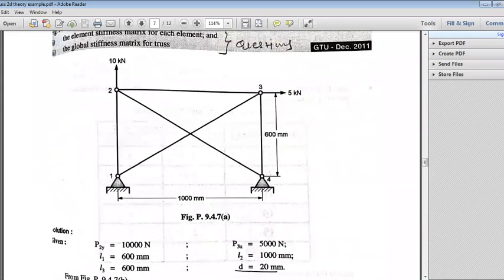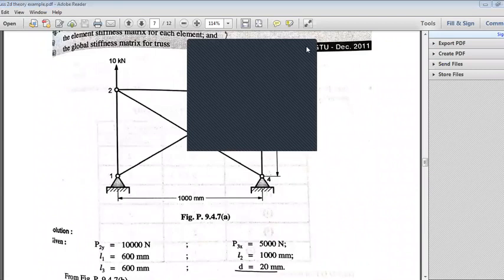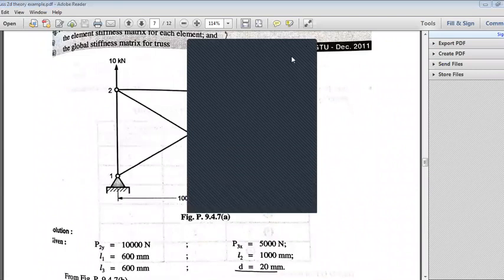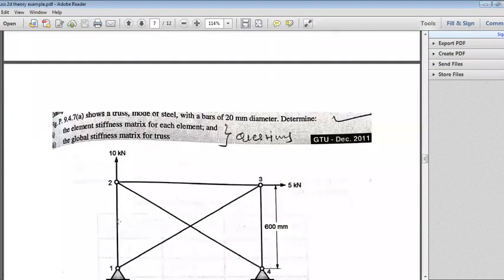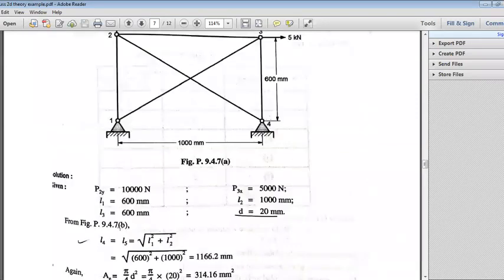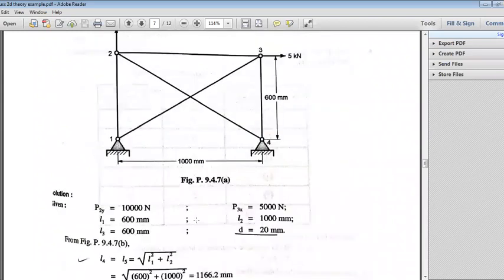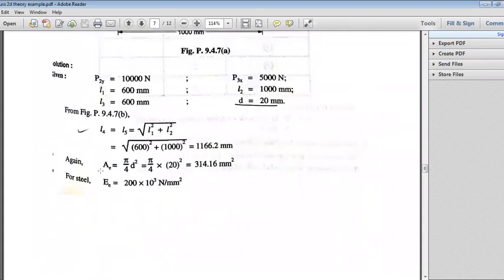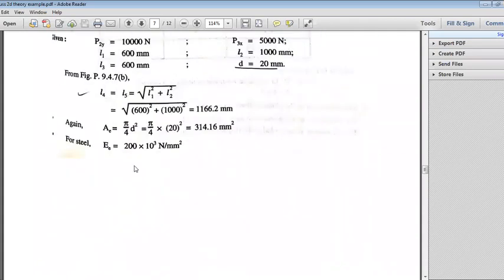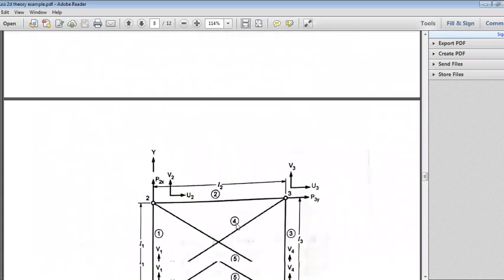The nodes are defined as 1, 2, 3, 4. Okay, now what you have to do? Force is given, some force value is given, steel bar of 20 mm diameter, length is given, right? Another length you can find out using simple rules of maths. A you can find out using pi by 4 d square, and the modulus of elasticity is given.